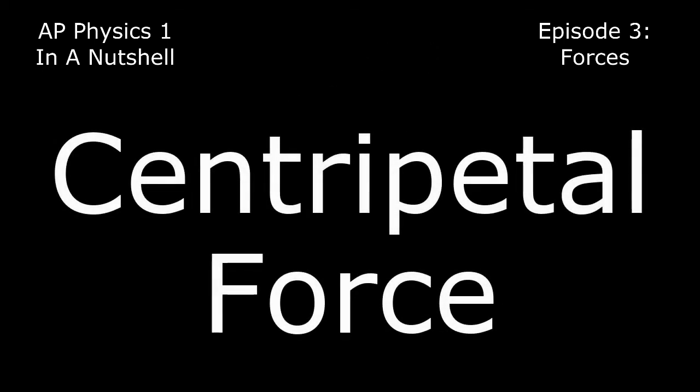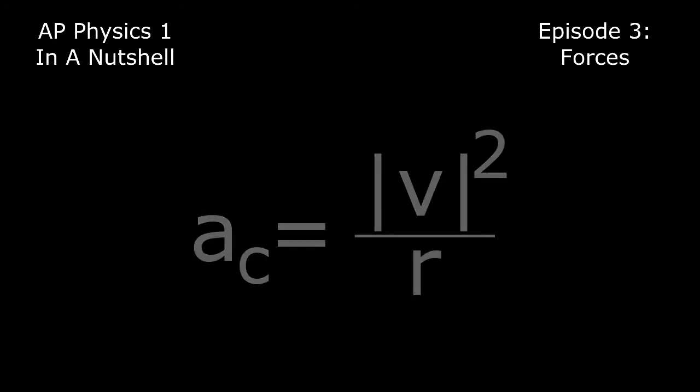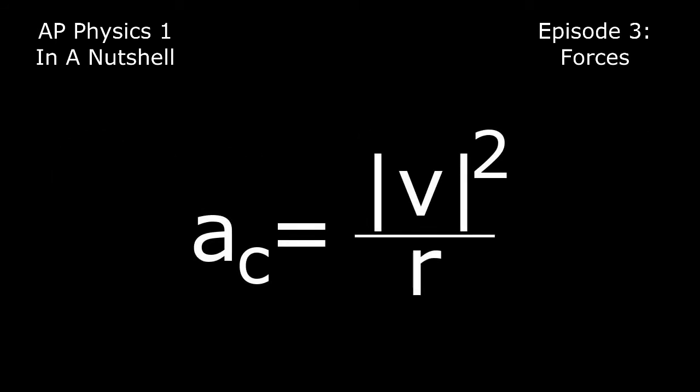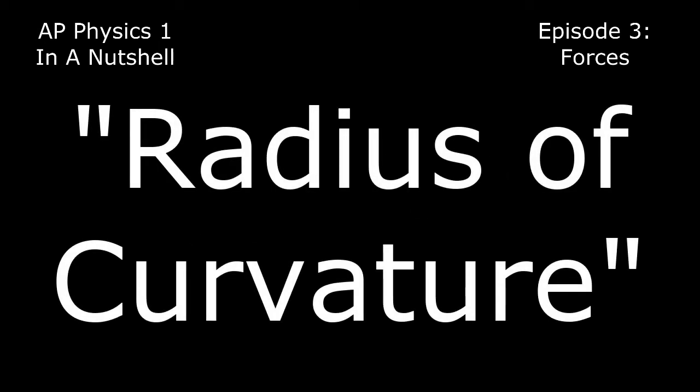In comes the centripetal force. The centripetal force is not a specific force that you can put on a free body diagram, but you instead change the acceleration in the free body diagram to account for the presence of the centripetal force. When a centripetal force is present, you set the acceleration equal to the speed at which the object is rotating squared, divided by the radius of the circle that the object is rotating in, which is known as the radius of curvature.